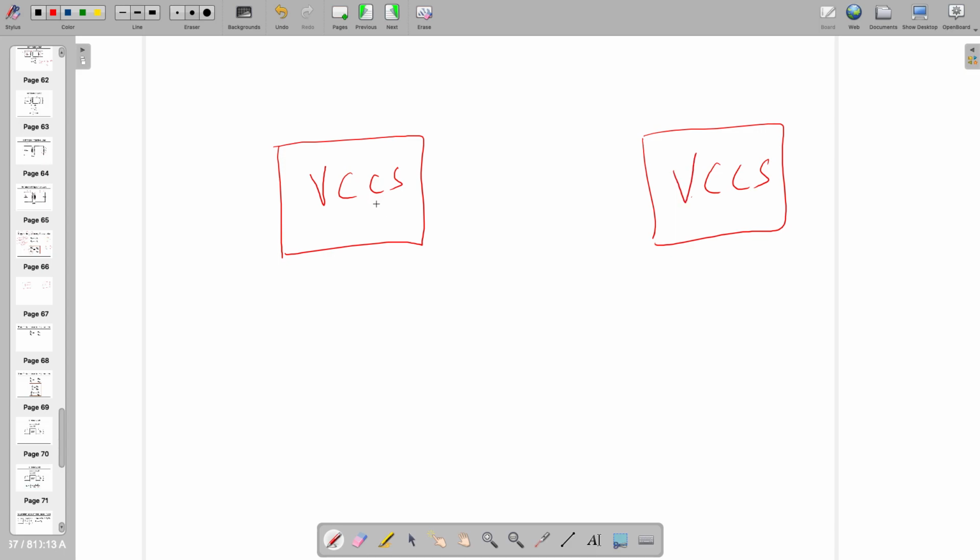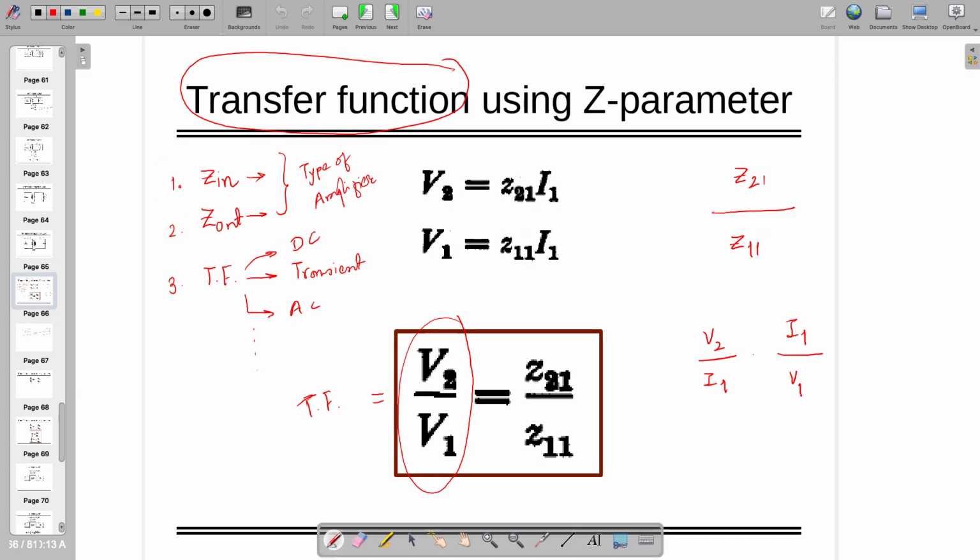So you need to convert this current quantity to voltage, or you need to use a buffer or something which will not cause any problem for the current driving, so that there is no loading effect. So for that we need to find out these things, and that will tell you the dynamics of your circuit. So through this one you can find this out.